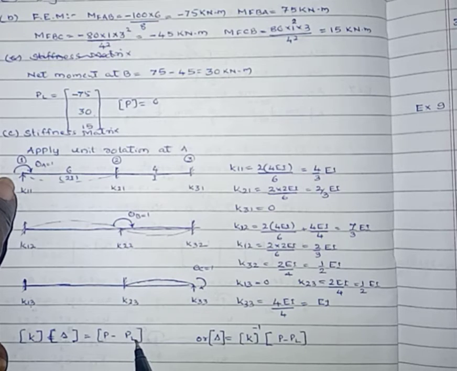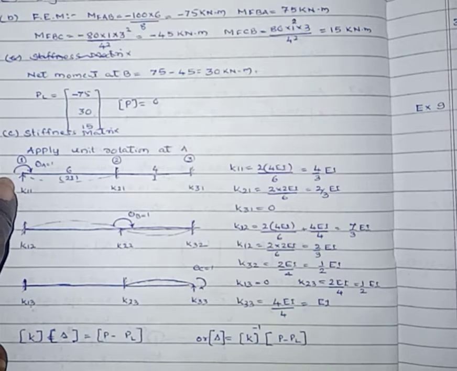PL is the moments due to the loads applied at the coordinates 1, 2, 3, etc. Then the displacement vector delta is given by the inverse of the stiffness matrix into the vector of the pre-existing load minus the vector due to the load applied, that is PL.